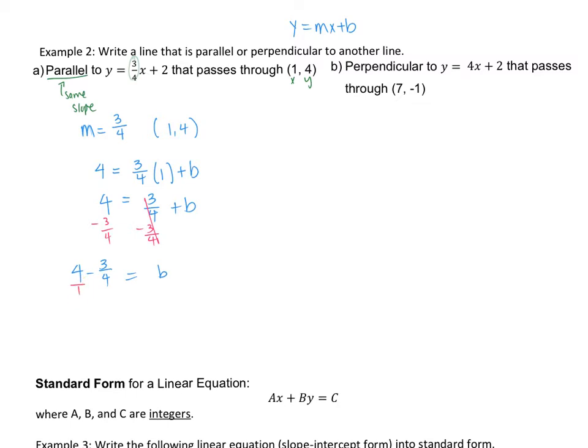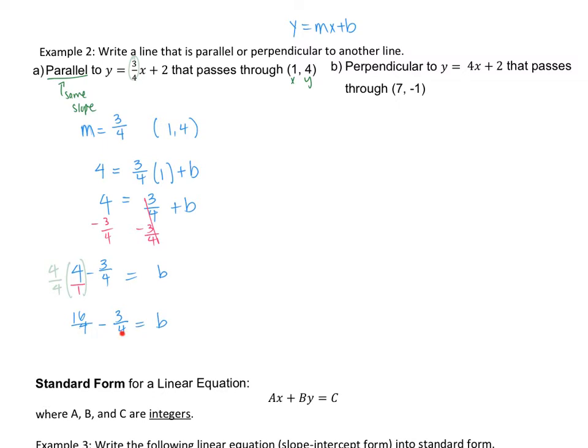So I'm going to multiply this side, the bottom and the top, by 4. That will allow the denominator to be a 4 now. So 4 times 4 is 16 over 4, minus 3 over 4.